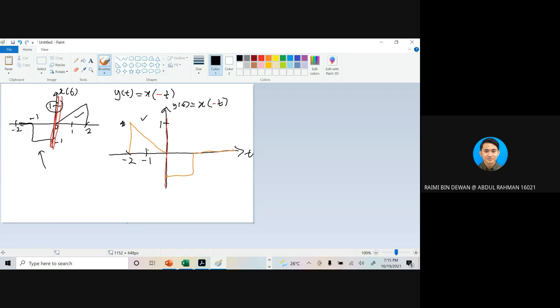So the value here should be the same, which is -1. Here you can see it's -1, but now with the time inverted signal it should be 1. Then you have -2 here, so it should be 2 here. So this is your y(t), your new signal, which is a time inverted signal. So remember.